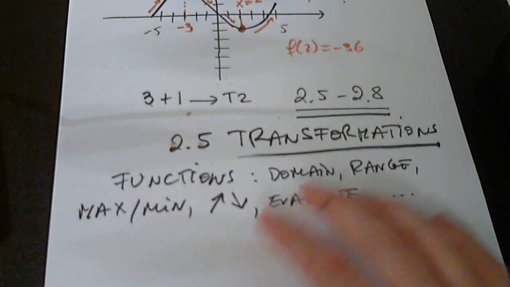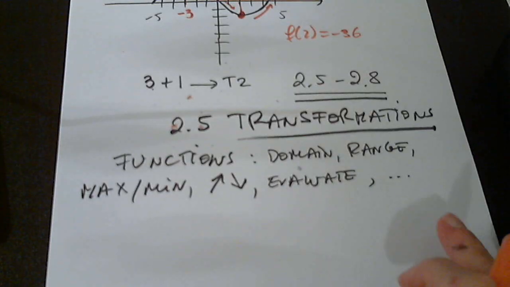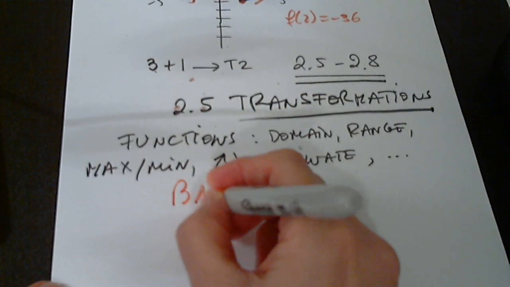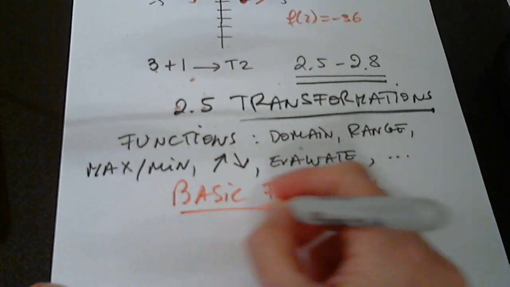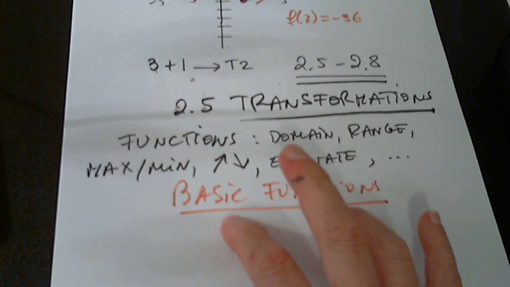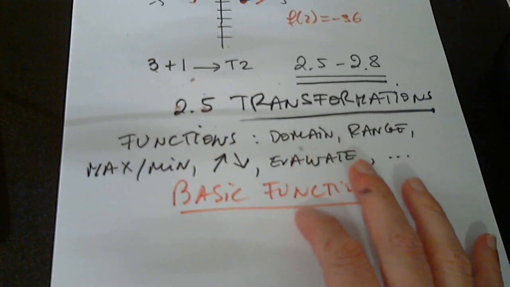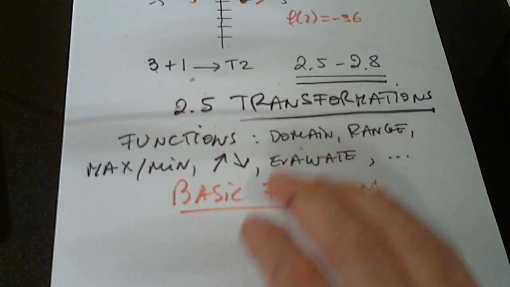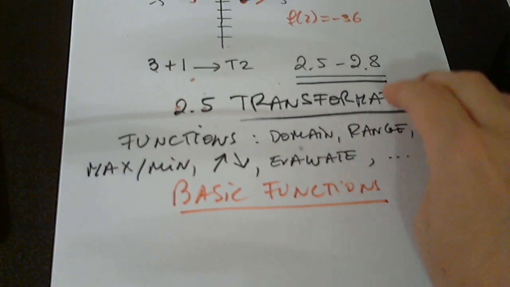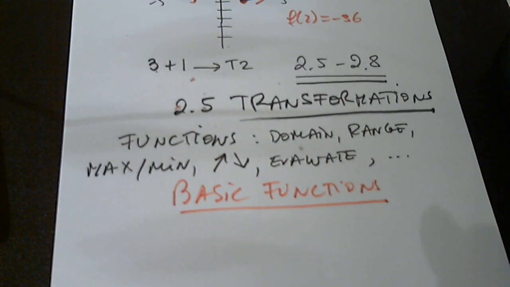Now, transformations mean nothing if we do not know and remember basic functions. If I don't know and don't understand the graphs or remember the graphs of basic functions, I can never apply transformations, or I can never understand what transformations were applied to the basic functions to create more complicated functions.